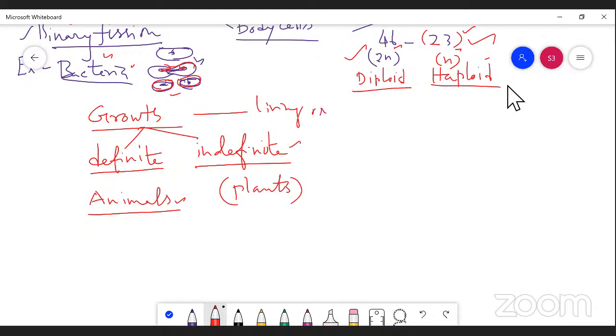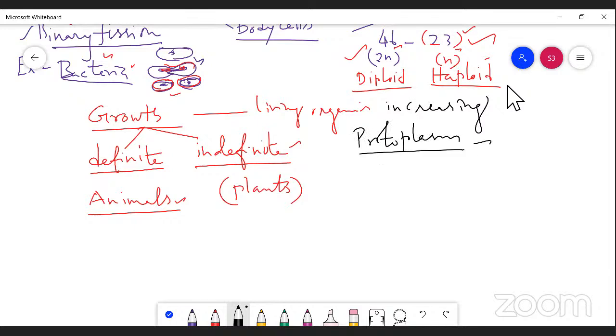In living organisms, growth is an increase in the protoplasm. The increase in protoplasm that only takes place in the living cell is called intrinsic growth.